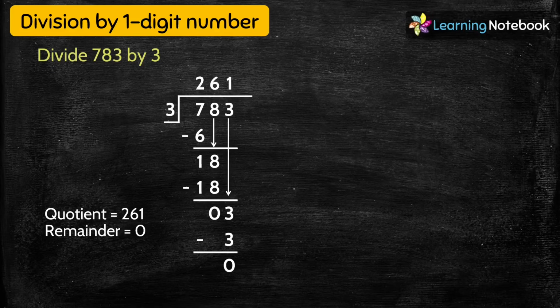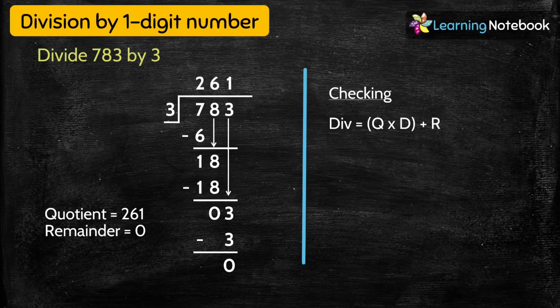Now let's check our answer by using the same formula which we used in the last question. Dividend equals Q into D plus R. So let's put the values here. Q is 261, divisor is 3 and remainder is 0.